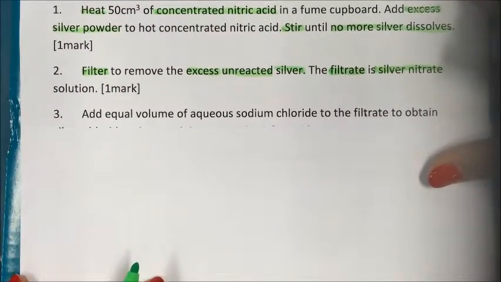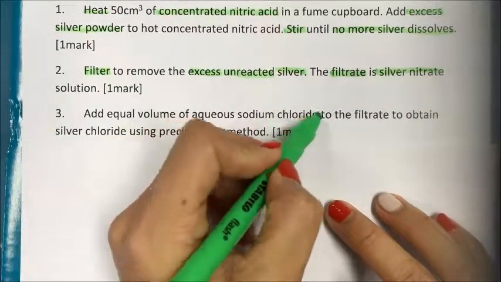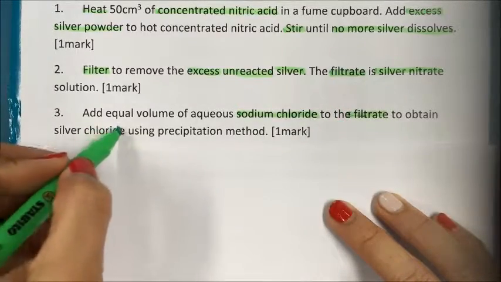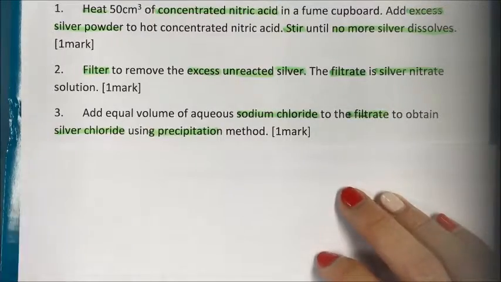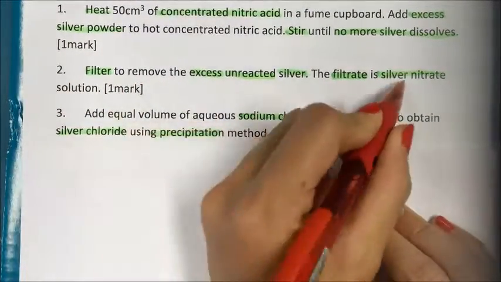Next, you add equal volume of sodium chloride to the filtrate to obtain silver chloride through the precipitation method, because you know that your filtrate is silver nitrate, right?